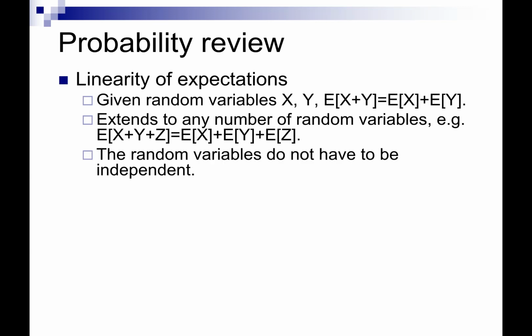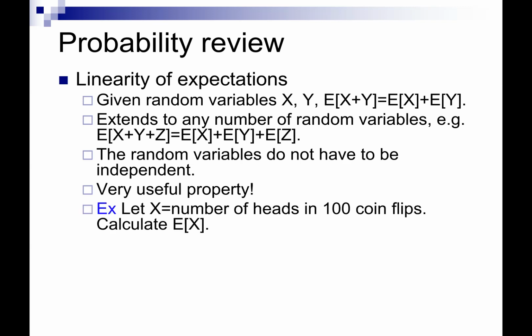One thing that makes this idea so useful is that we have very few restrictions on these variables. In particular, we do not require these variables to be independent of each other. Y can depend on X, but linearity of expectations still holds. So it's a very useful property.